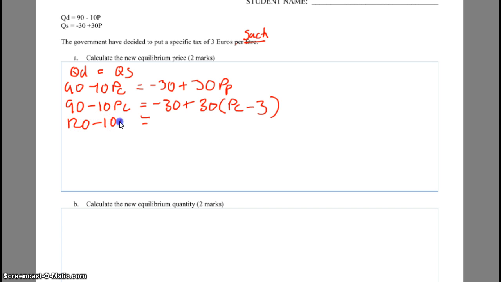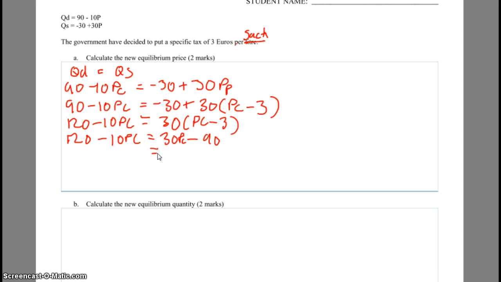120 minus 10 PC equals 30 PC minus 3. Then we're going to work out the PC minus 3, so we go 120 minus 10 PC equals 30 PC minus 90, so we've timesed 3 there by 30, okay, to leave us just with 30 PC there.